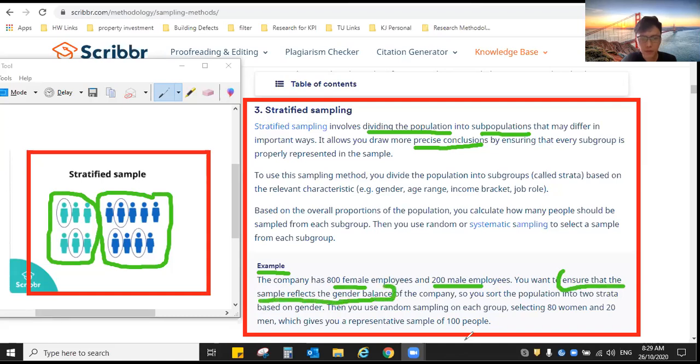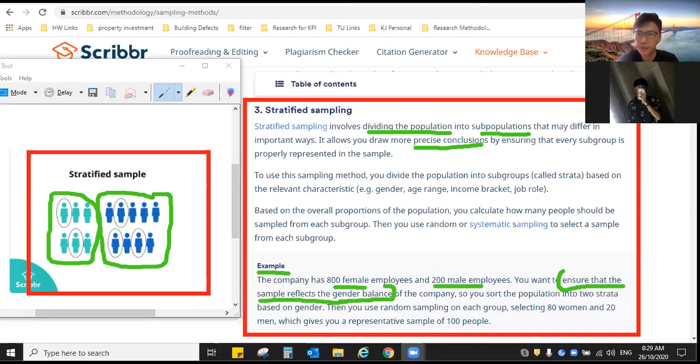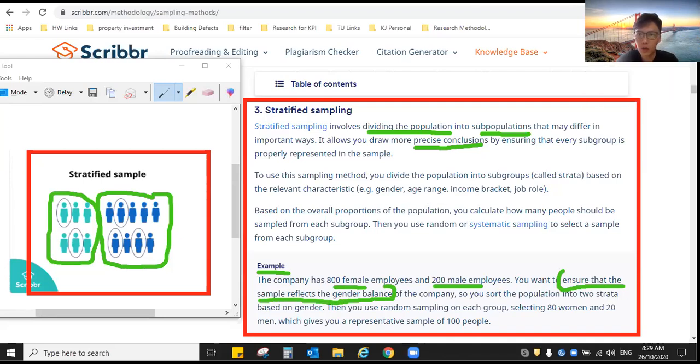You want to ensure the genders are balanced. What you should do here to reflect the gender balance of your company is sort your population into two strata based on gender.